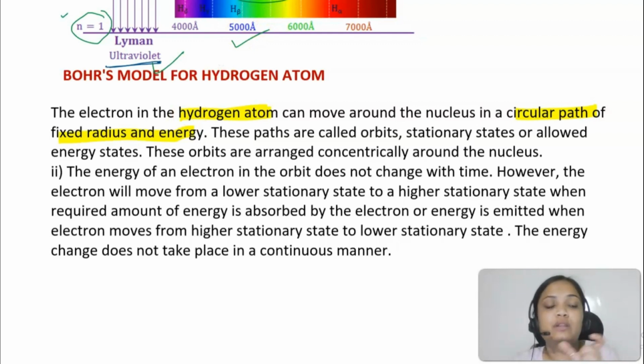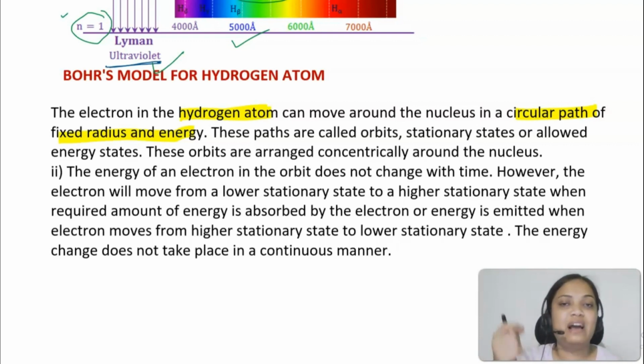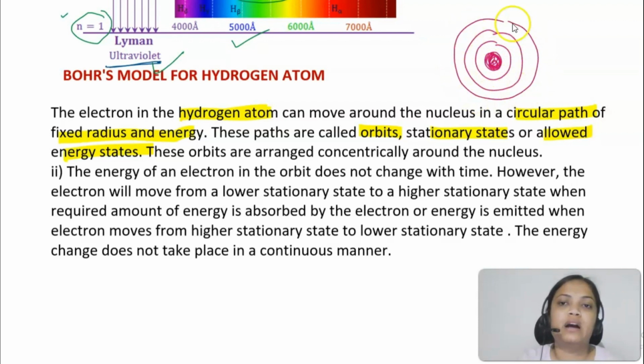Okay, so Bohr said that they are moving in a circular path, but with a fixed radius as well as a fixed energy. And these paths were known as orbits, or he called them stationary states or allowed energy states. Okay, and they are arranged concentrically around the nucleus. Concentrically means like this. If this is the nucleus, then like this, concentrically these orbits are arranged.